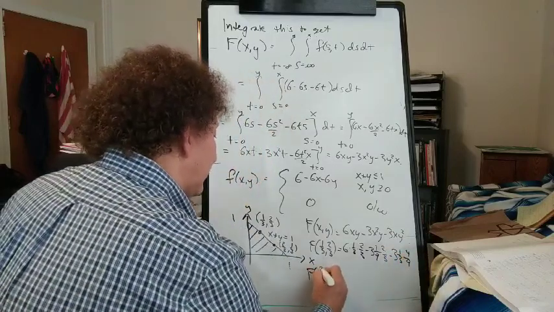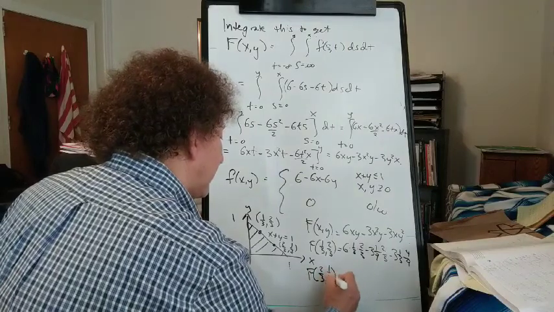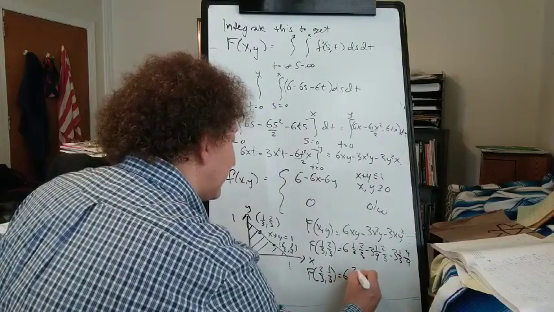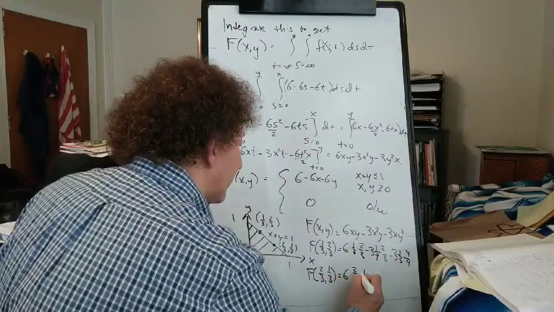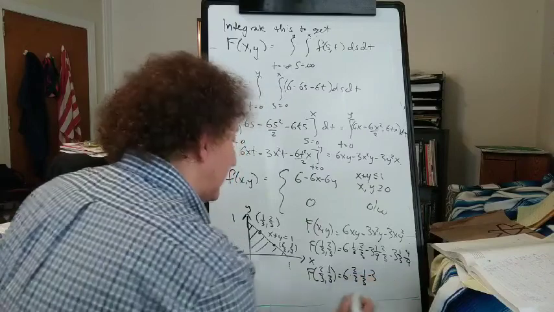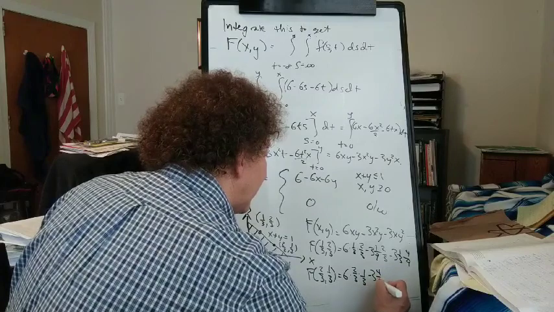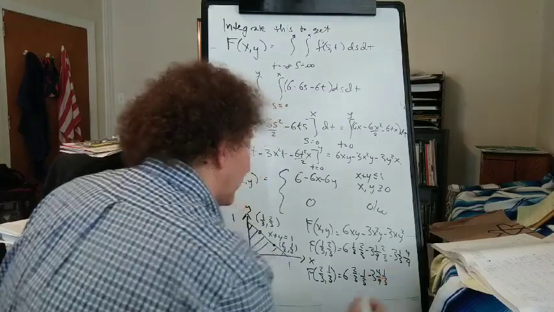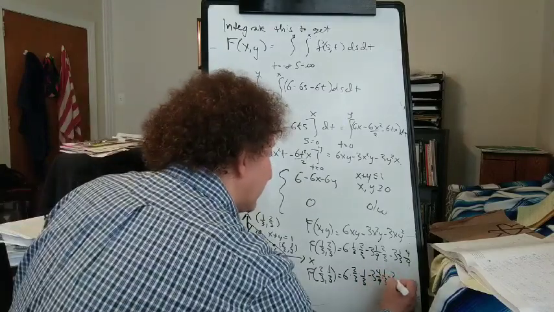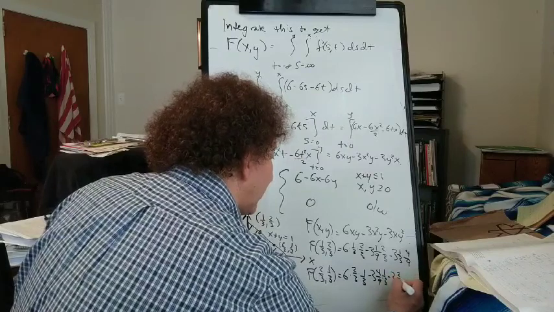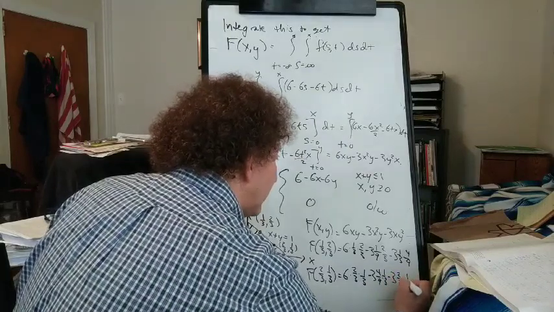And F of 2/3, 1/3 is 6 times 2/3 times 1/3 minus 3 times 2/3 squared, which is 4/9, times 1/3, minus 3 times 2/3 times 1/9.